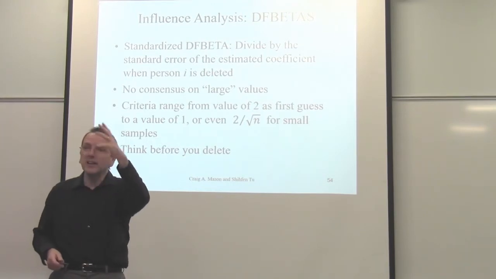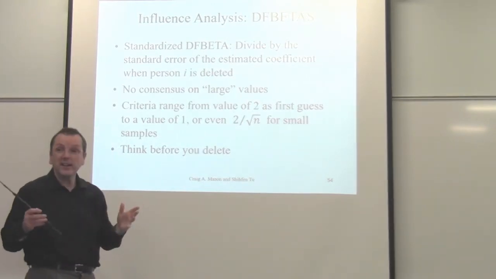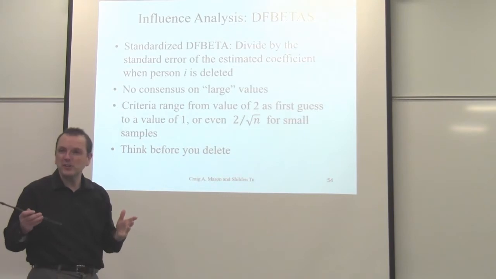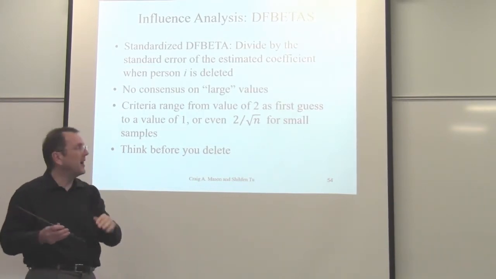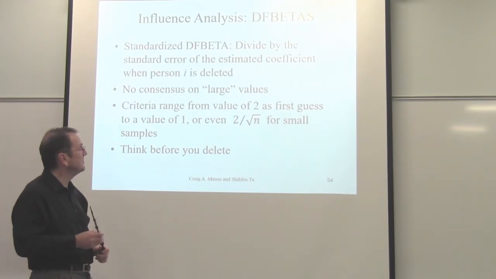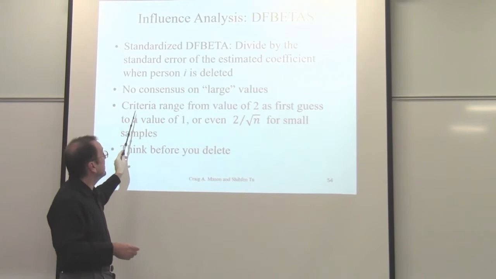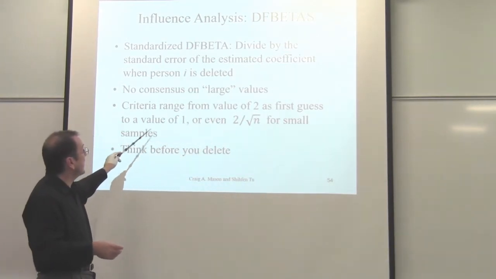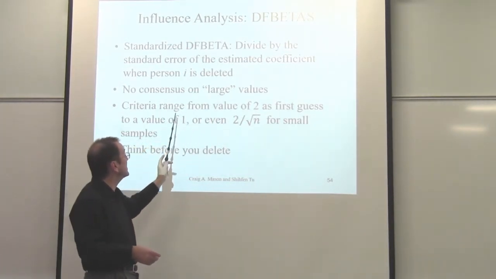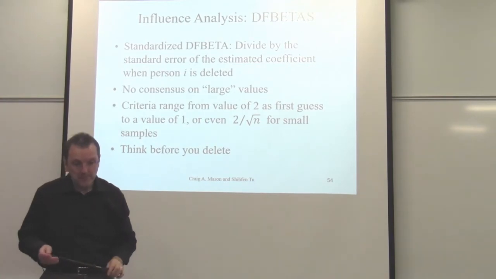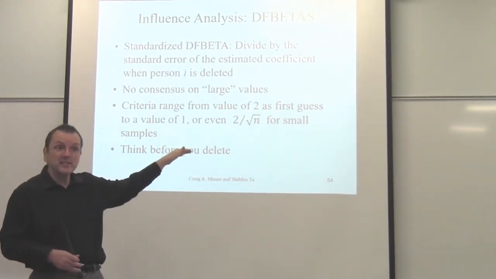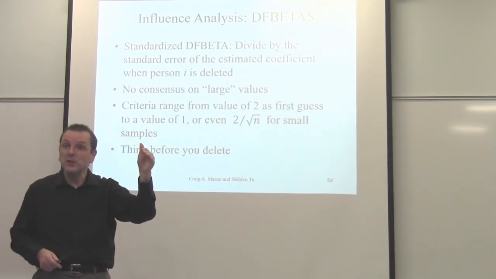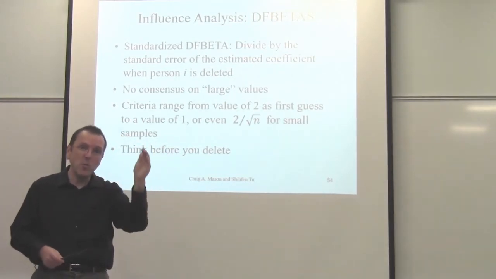So now you've basically converted them into, theoretically, more standardized values, but they're not Z-scores. We should be clear on that. The criteria is still very squishy. You'll see some say that anything with a standardized DFBETA above 2 should be looked at. Some will say 1.